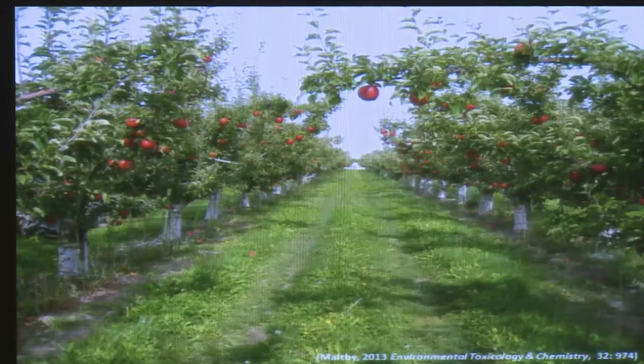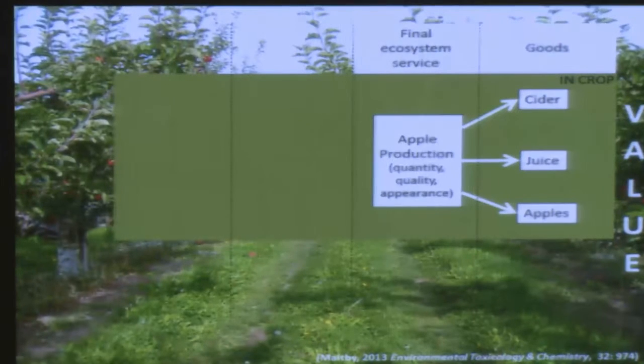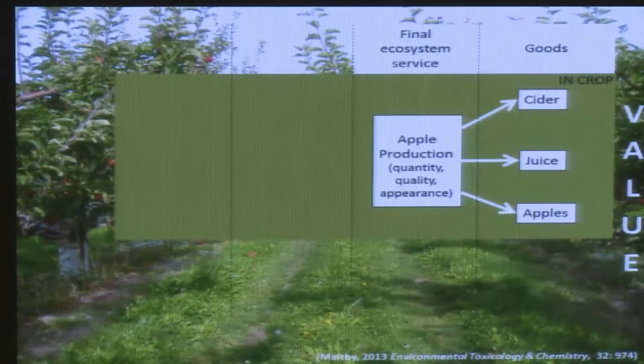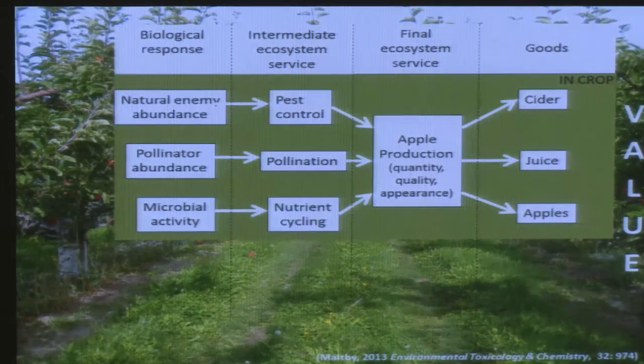Consider this orchard. So the final ecosystem service from this orchard is apple production. And those apples could be consumed as fruit, or they may be converted into some other product, juice, cider, whatever, all of which have a value. But that apple production depends on a number of other ecosystem services: pest control, pollination, nutrient cycling, all of which are underpinned by biological processes.